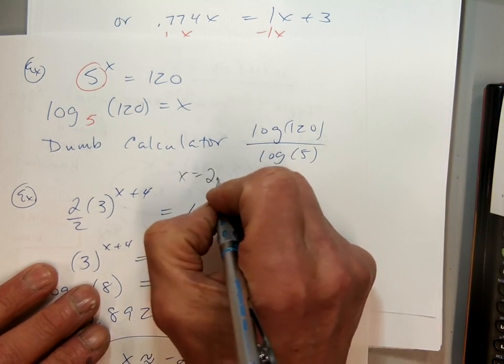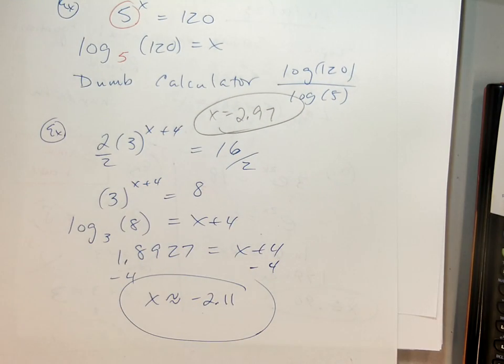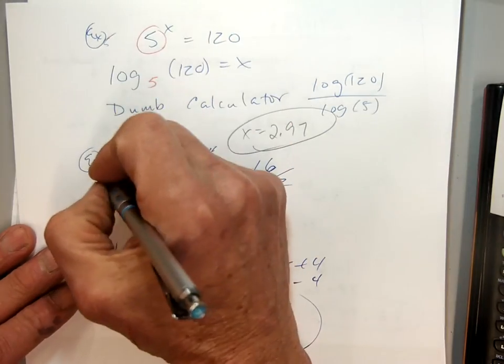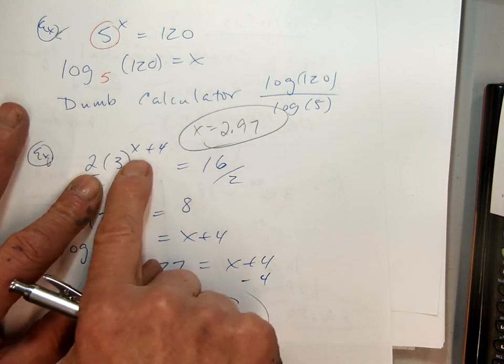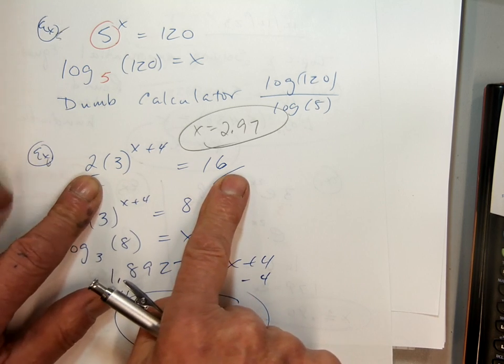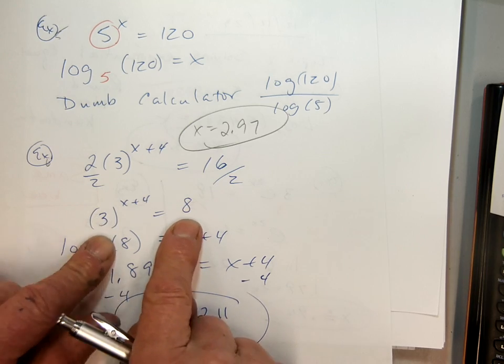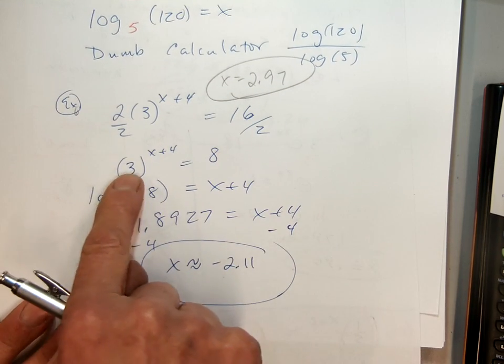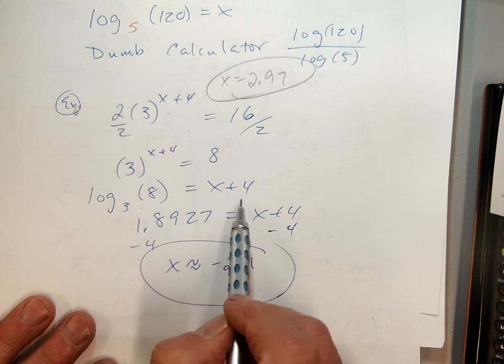Example 6. Okay, I've got 2 times 3 to the x plus 4 equals 16. So first thing I did is tidy it up. I divided by 2, and I get 8. And then I'm going to change to log form, log base 3 of 8 equals my exponent.